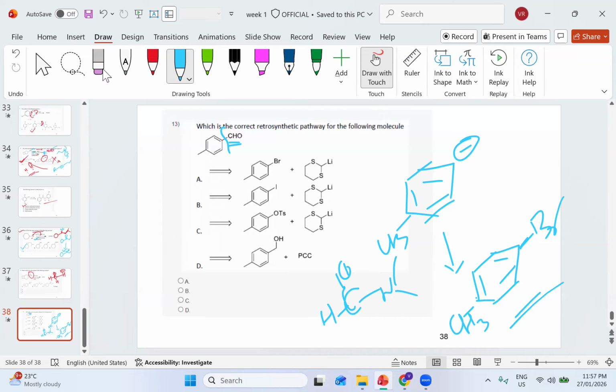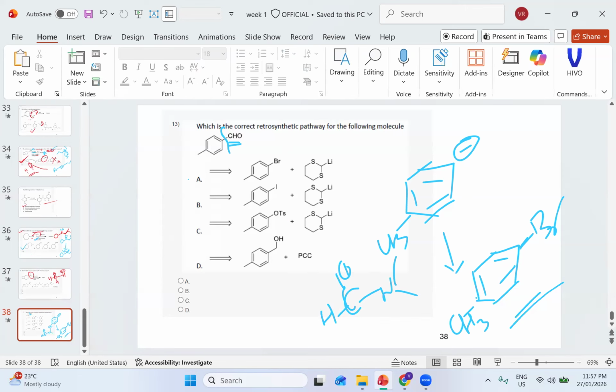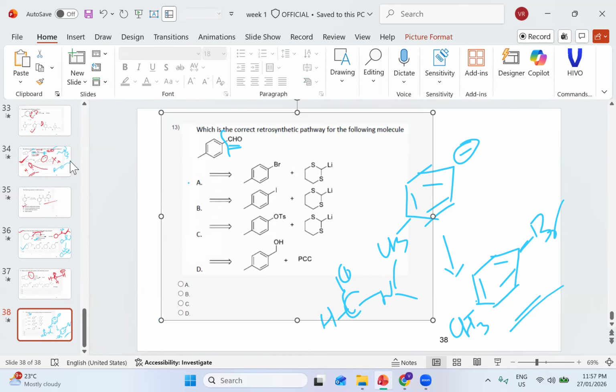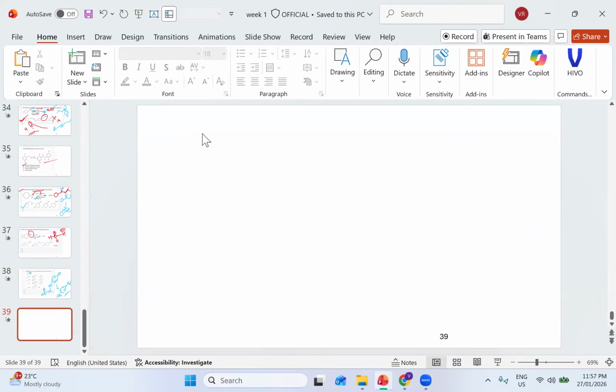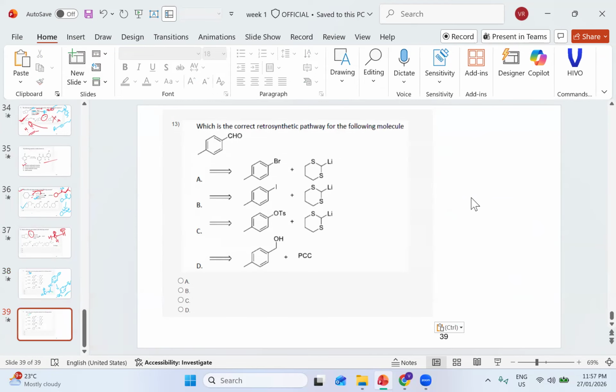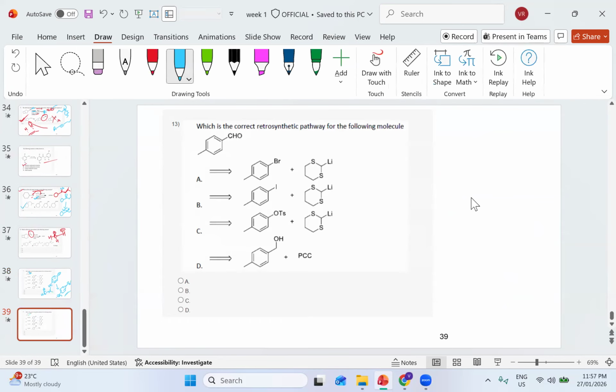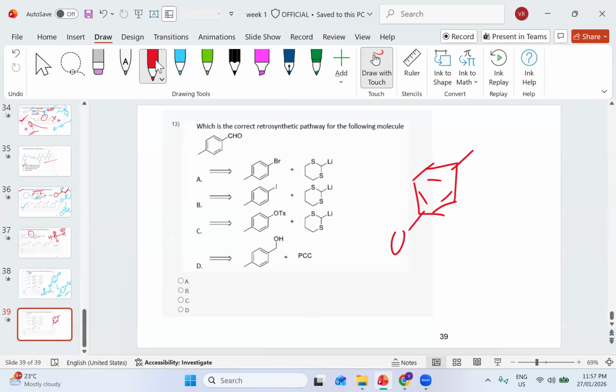But since in this case the other coupling partner is not like this, we will see it the other way around. Whatever disconnects we did, we'll do the opposite of that. So let's say this is positive and the other one will be negative.